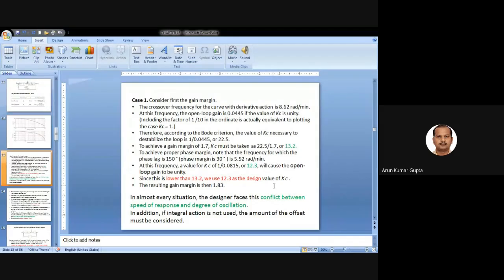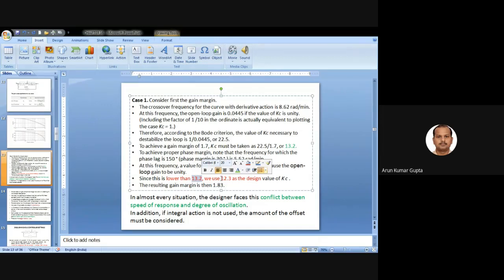For example, here we find that the Kc value is 13.2 from one study, and from another study it is 12.3. So we select a Kc value of 12.3, and at that value we find the gain margin. Finally, you have to report the gain margin and the phase margin, but at which Kc. That will be found by this.